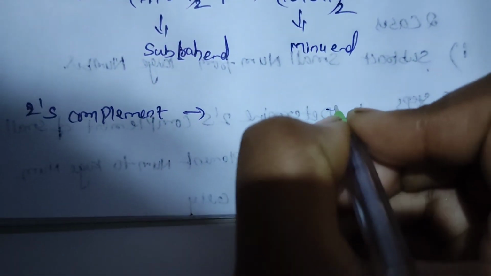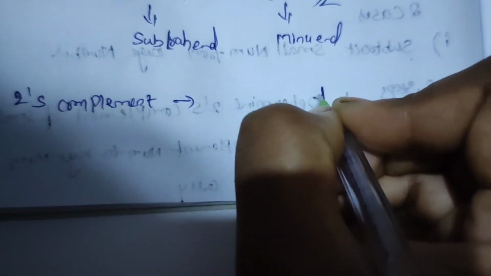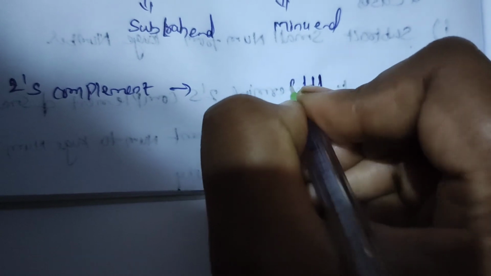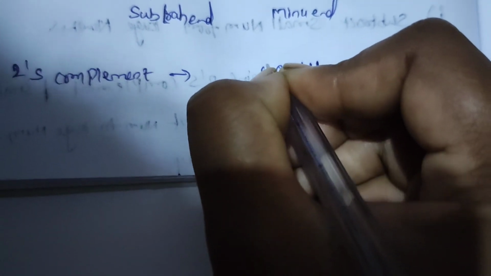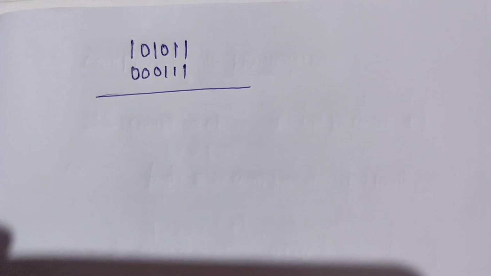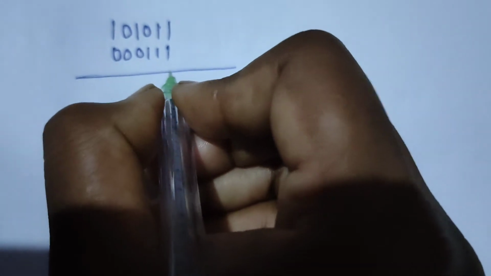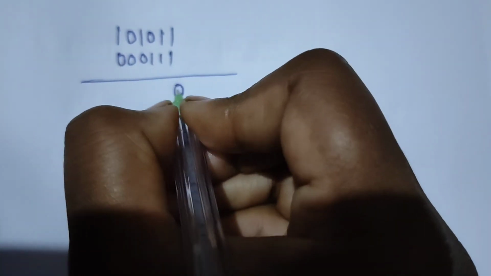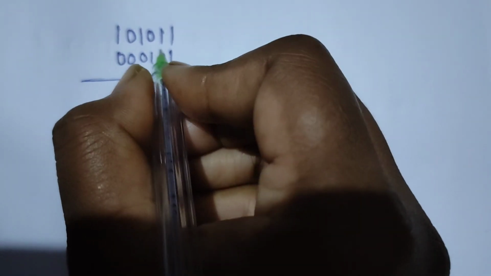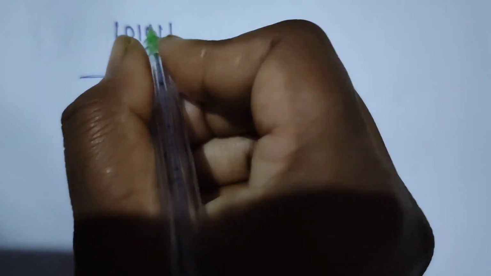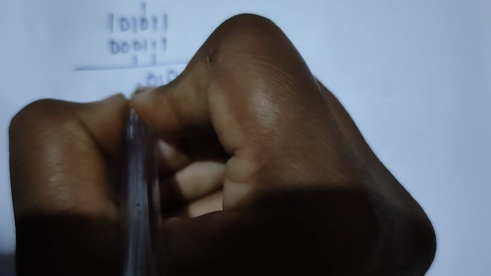The 2's complement is 111000. On adding the minuend and the subtrahend, which we have already converted to 2's complement, sum 0, carry 1, and so on. So this is the answer.